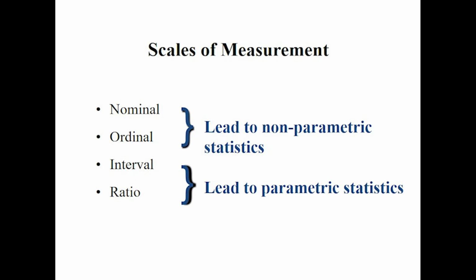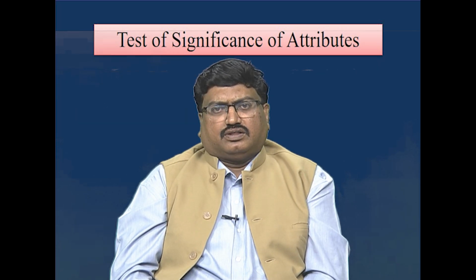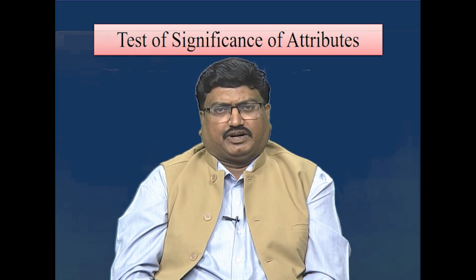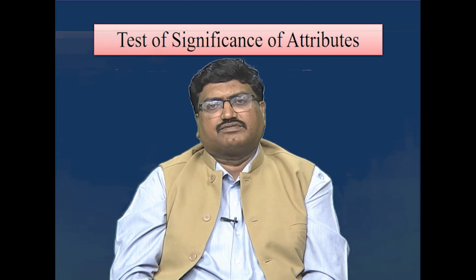If we know the parent population characteristics and we apply statistical tools on them, we call such a test a parametric test. If we don't know the parent population characteristics, and on such samples we apply the statistical tools, we call it a non-parametric test. Under parametric we gave examples like z-test, t-test, ANOVA, one-way, two-way and others.